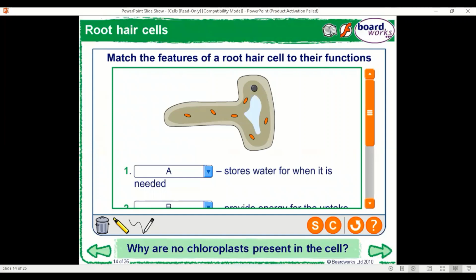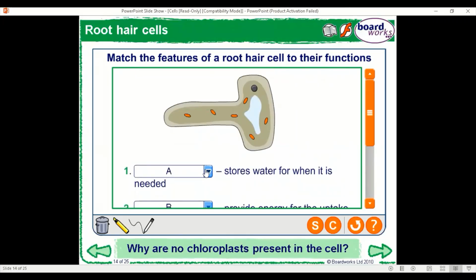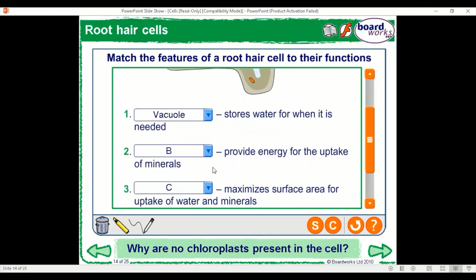This is a root hair cell. It's asking me to match the features, right? So look. Mitochondria provide the energy.